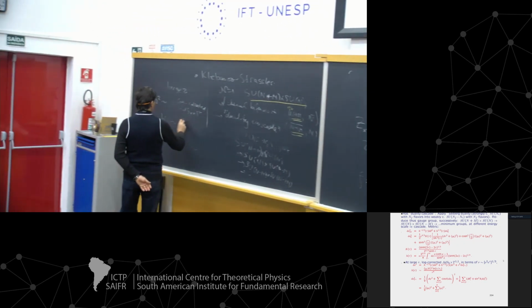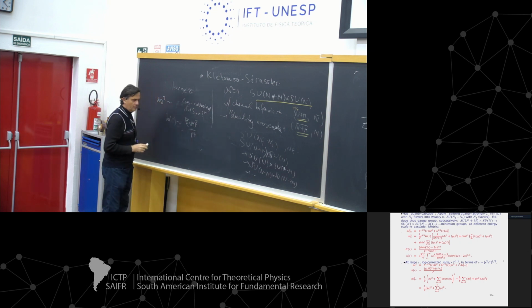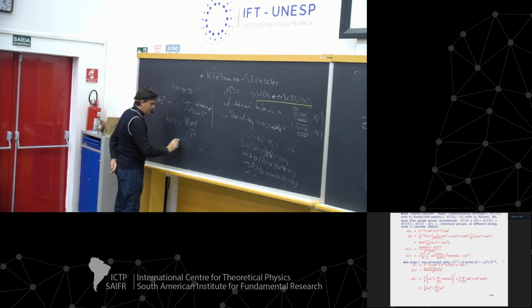So g_s M squared over R4. Remember, normally I would have here R4, which was 4 pi g_s N squared alpha prime.